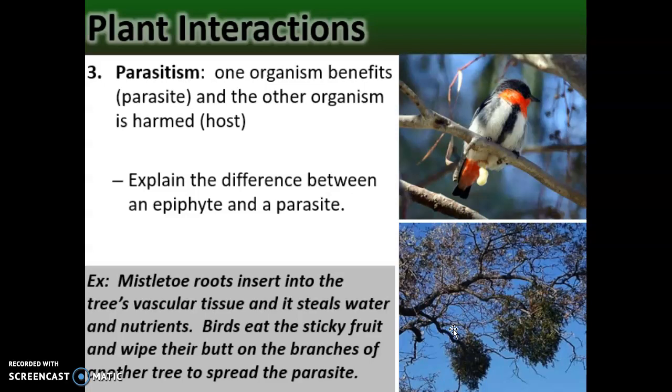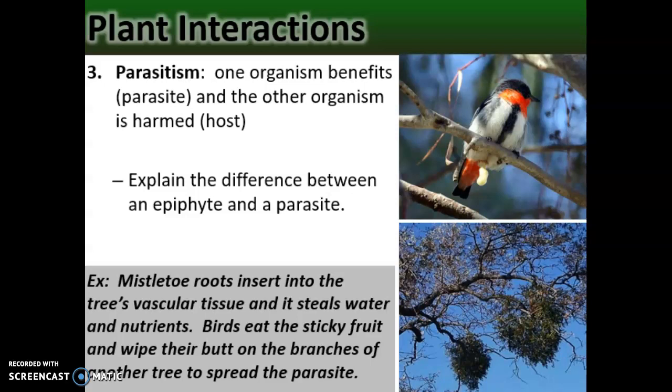Now, in order to get up there, the mistletoe needs help from this little bird. You see, the mistletoe produces a berry that has very, very sticky flesh, right? So this little bird eats the berry from the mistletoe.